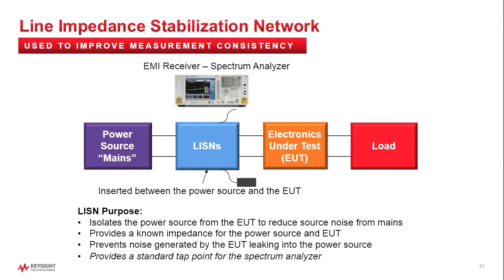Its idea is to present a uniform standardized tap point to make my measurements, but also to separate the electronics under test from the outside world. It gives me a very solid, repeatable, known impedance. And the idea here is that if I put one of these in my lab and you put one in your lab, they will behave the same. So I should get the same results in 2 different labs. We need to make sure we're modeling that in the simulation environment.